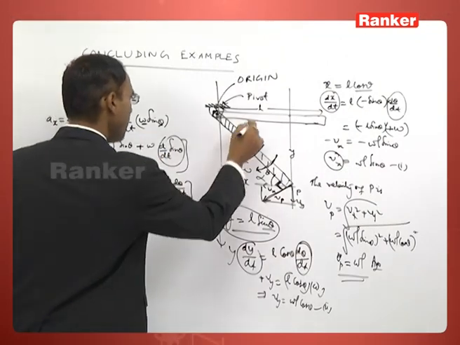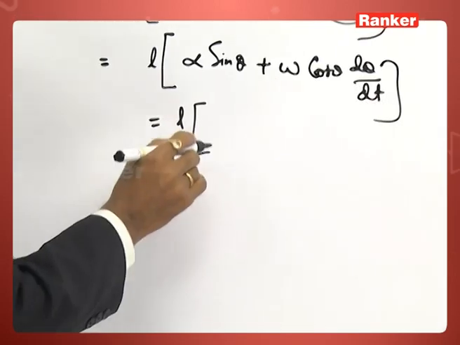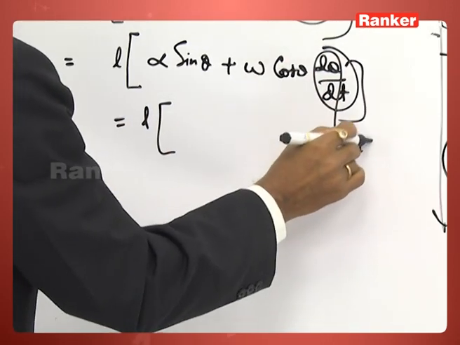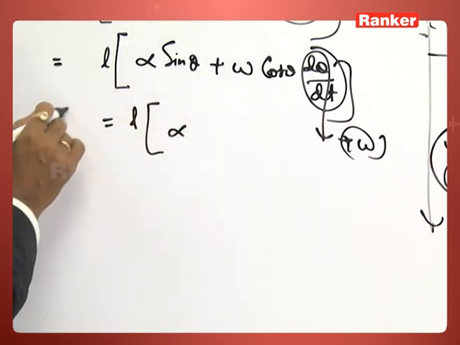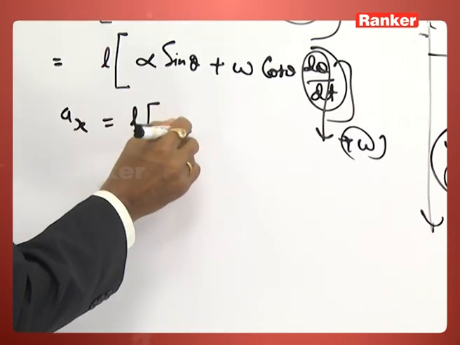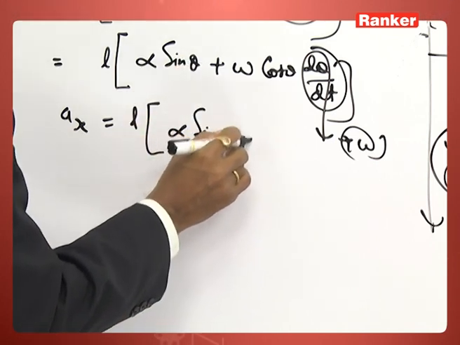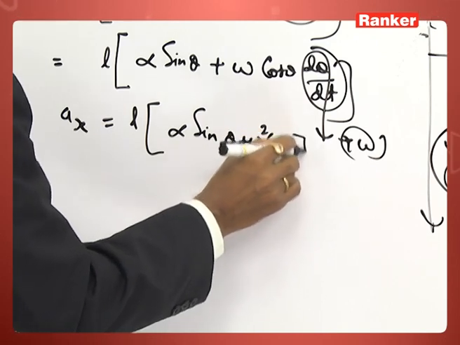Since omega is taken in the increasing order of theta, d theta by dt can be written as plus omega. So ultimately we are getting ax is equal to L into alpha sin theta plus omega square cos theta.